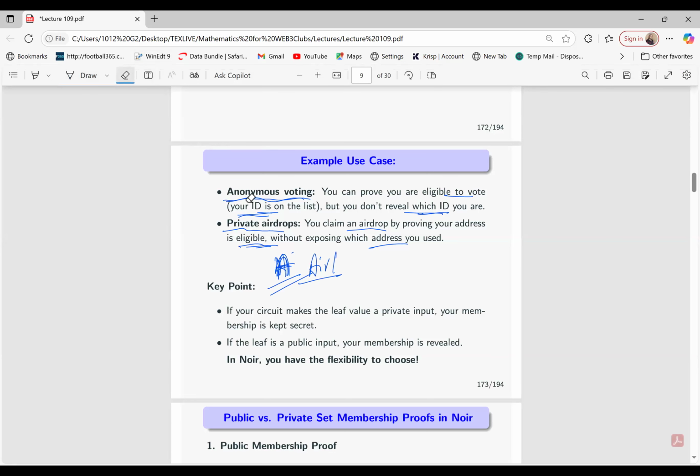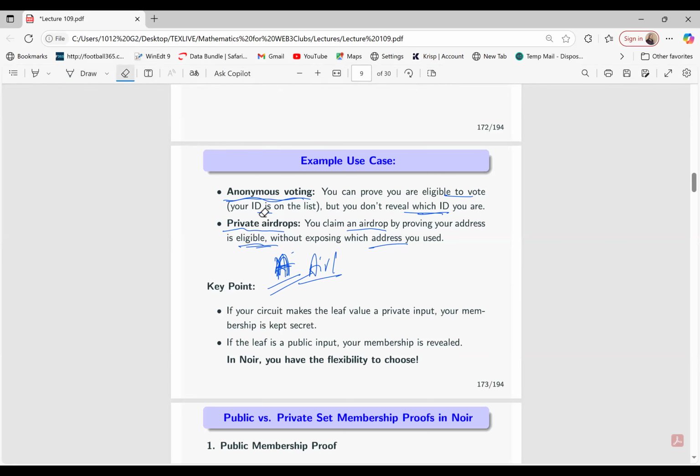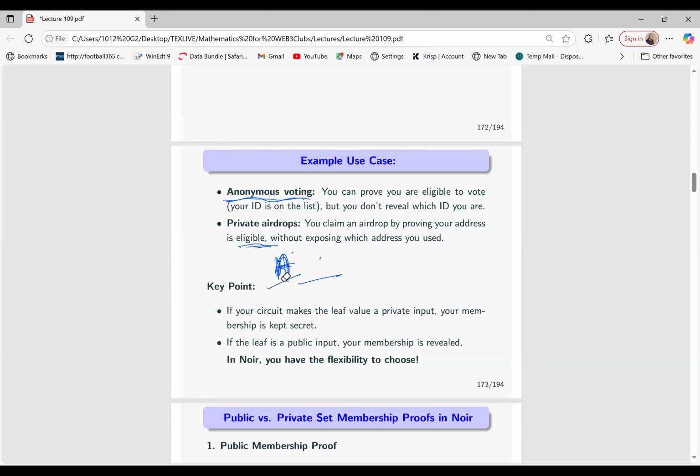So once you know how to write it in anonymous voting, then you can write it here, you can write it somewhere else that requires privacy and so on. So that is how we do it: you want to learn just in one way and apply it in another way.